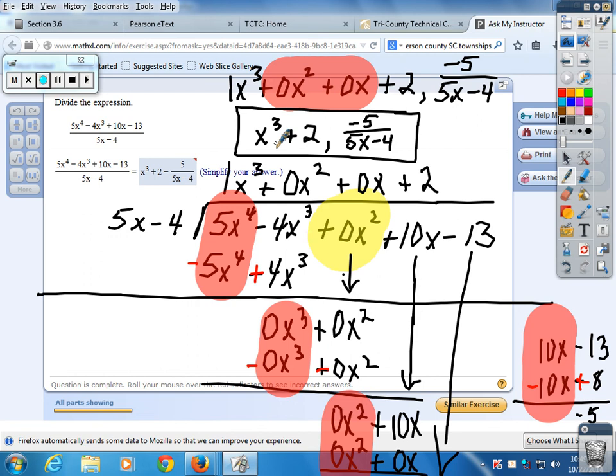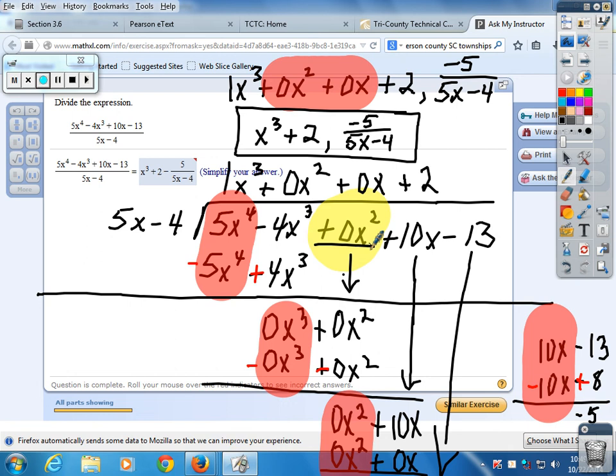That's a prime example of what to do when it's not like the first problem we did. The key thing is to make sure that all place values are accounted for. Then you do the process over and over.